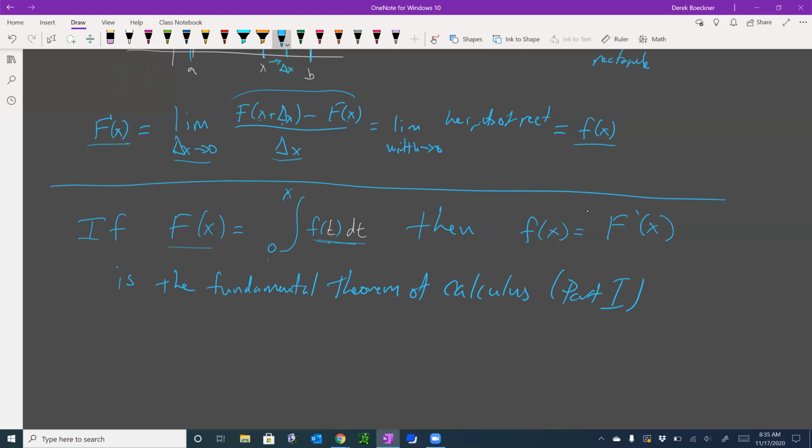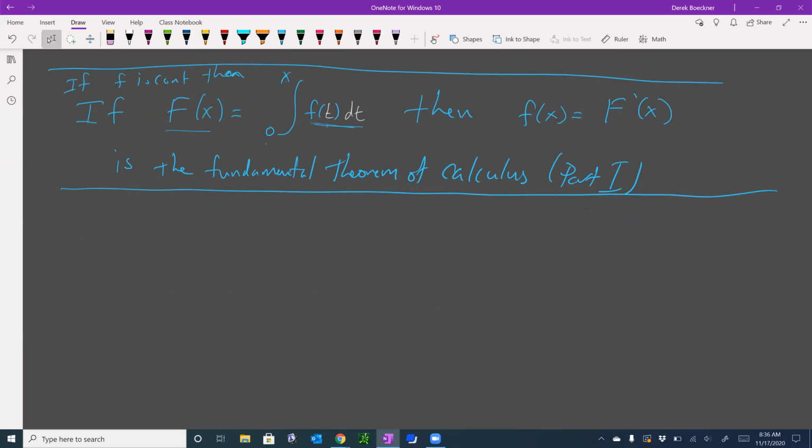So if f is continuous, then if we define it that way, we're good.